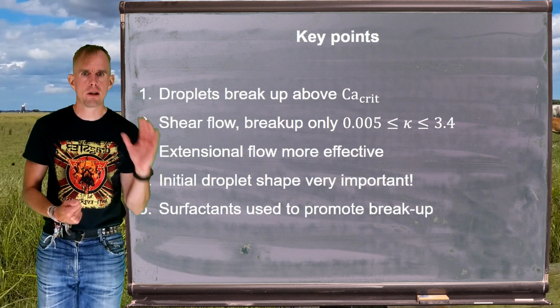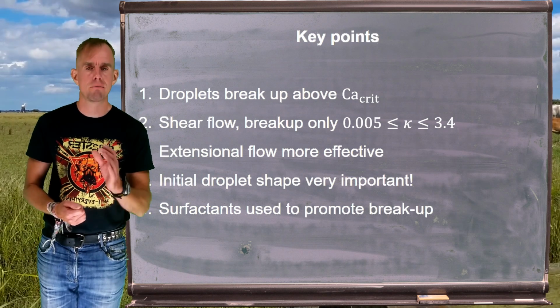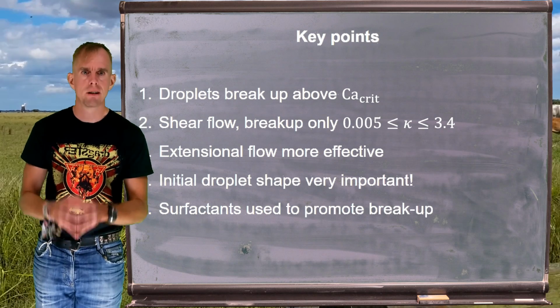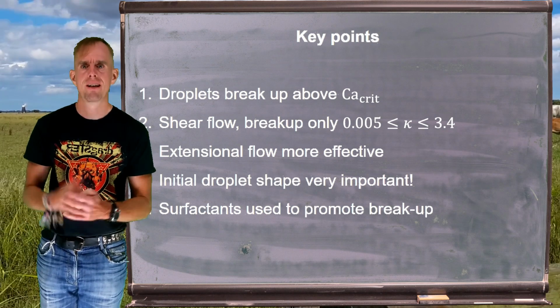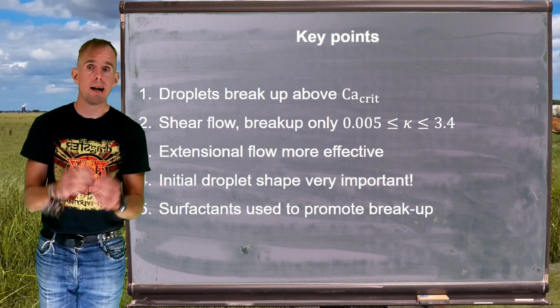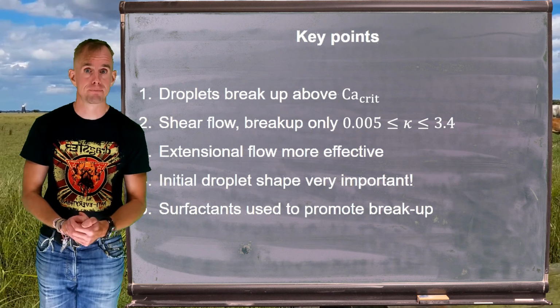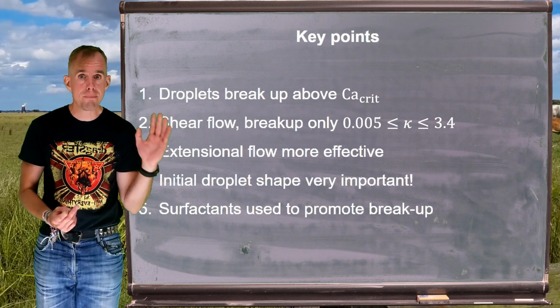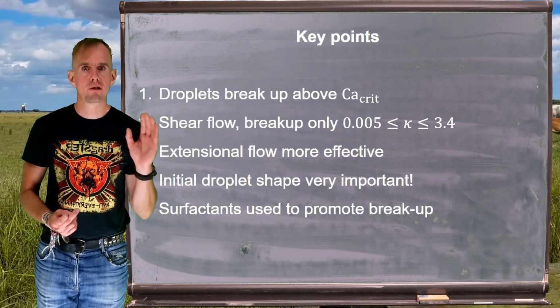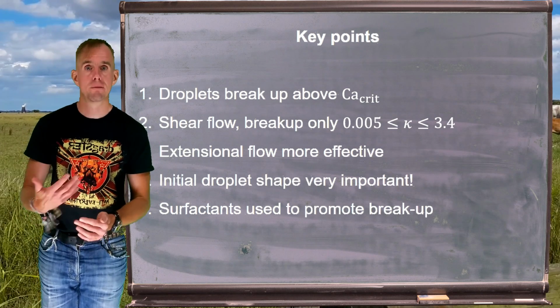We also saw that the initial droplet shape is really very, very important. It's far harder to break up spherical droplets than it is ellipsoidal droplets, and the more elongated that ellipsoidal droplet is, the easier it is to break up. We must also remember that we can also use surfactants to help promote droplet breakup.